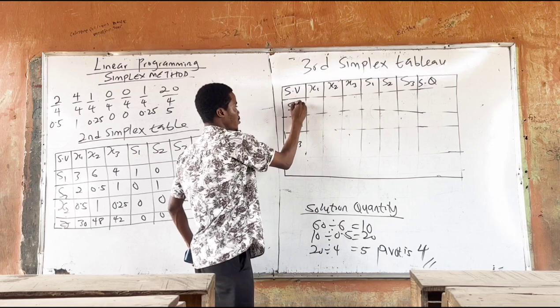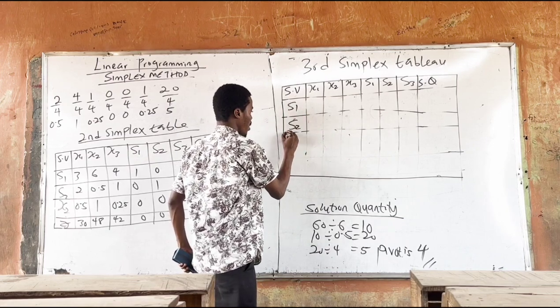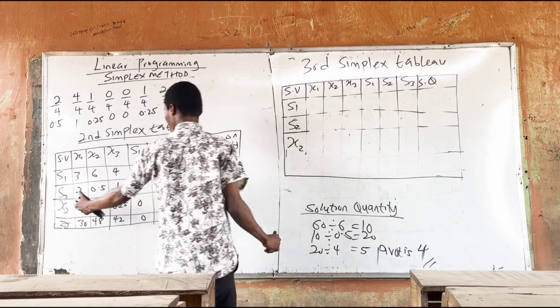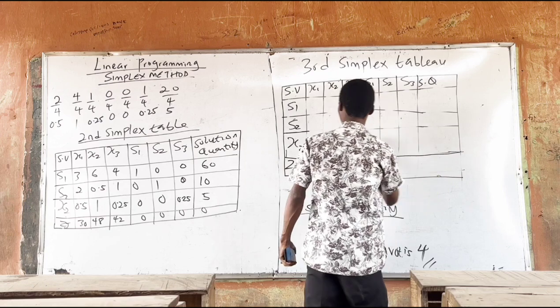This is my x1, my s2, then my s3. My pivot row is s2. Then this is my Zj, my objective function.